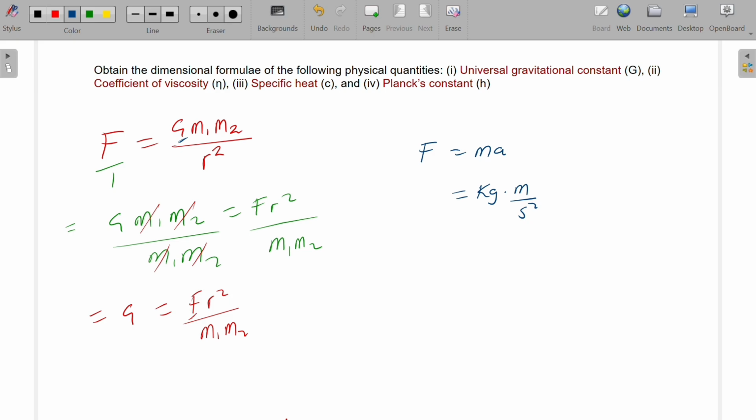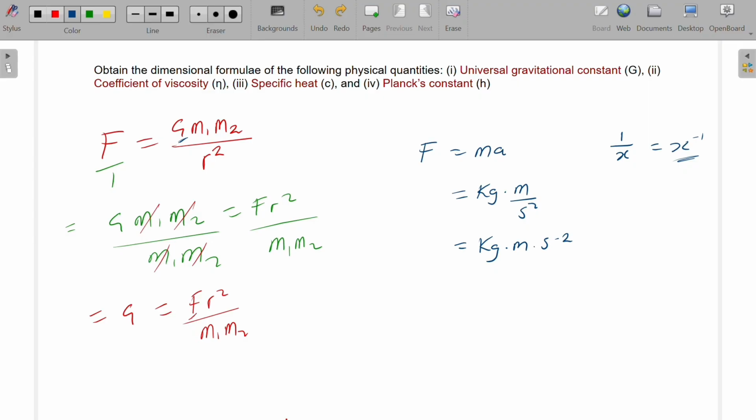We can write this as kg multiplied by m multiplied by s to the minus 2. Remember, 1 divided by x is the same as x to the power of minus 1. So when s goes on top, the power becomes negative, and that's why we have a minus 2 here.